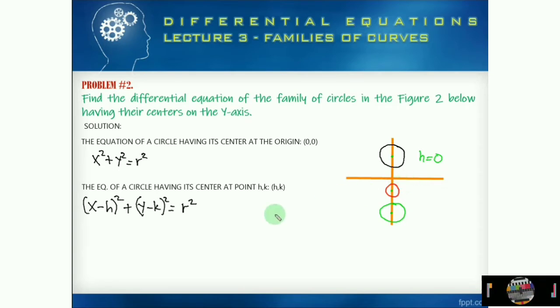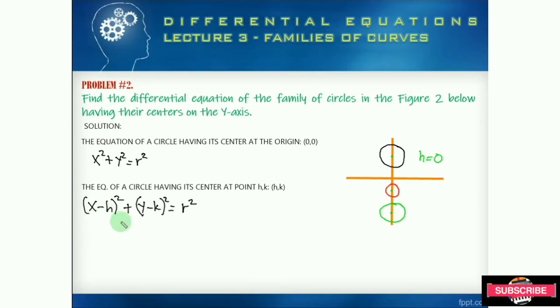Okay, we only have a value for our k. So we are going to use this equation of a circle because their centers are not located at the origin but at some point on the y-axis or vertical axis. So let us use this equation of a circle, but its h value is simply equal to 0.